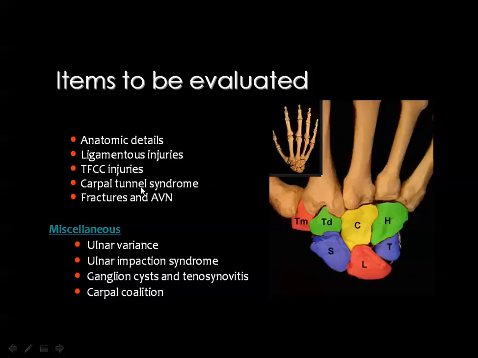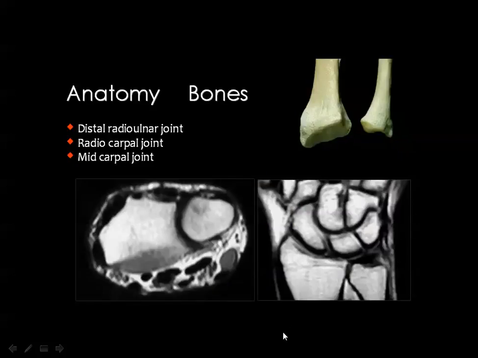Then we'll have some knowledge about the carpal tunnel syndrome and fractures and avascular necrosis around the wrist, and some of the other conditions that will be handled also: the ulnar variance, the ulnar impaction syndrome, ganglion cysts and tenosynovitis, and finally the carpal coalition.